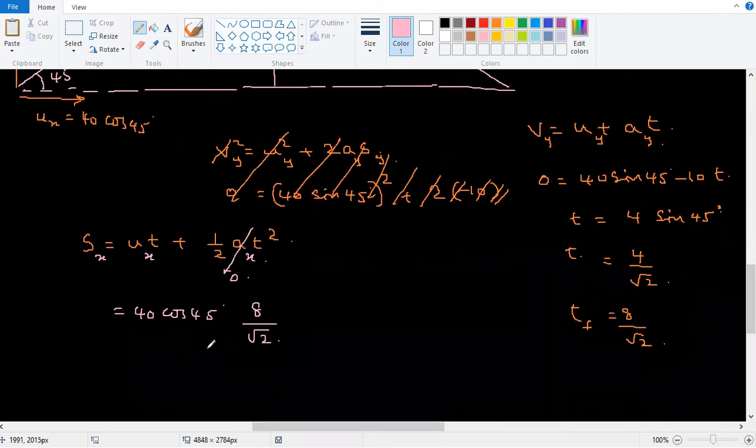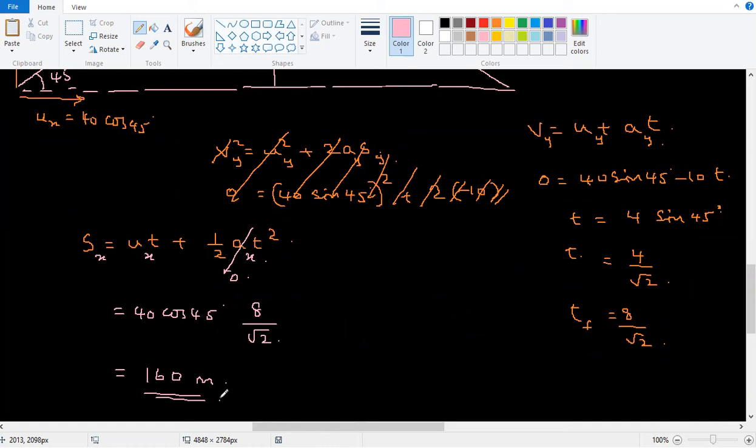So this is also 1 by root 2. So 1 by root 2 and root 2 will become 2. So 2 and 8 will cancel to 4. 4 into 40 will become 160. So 160, is that correct or am I making a mistake?